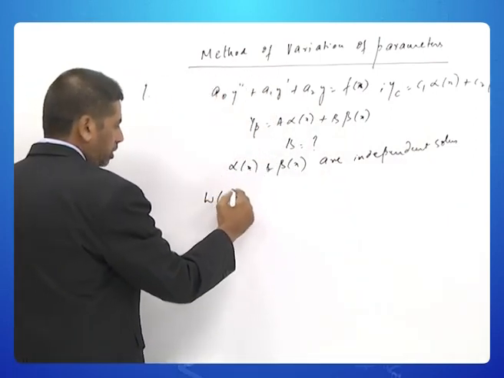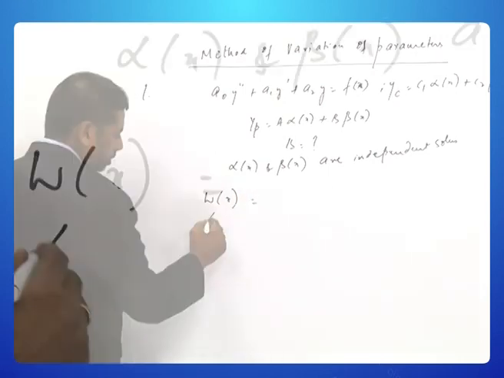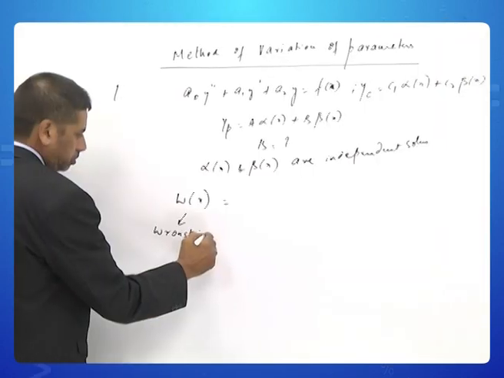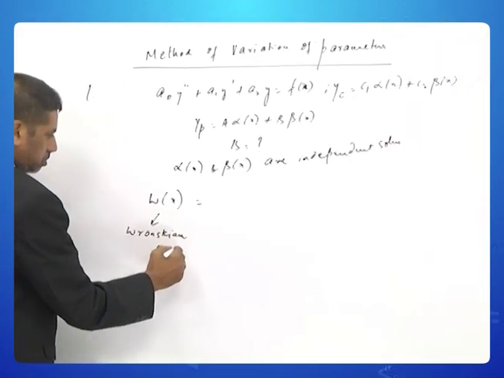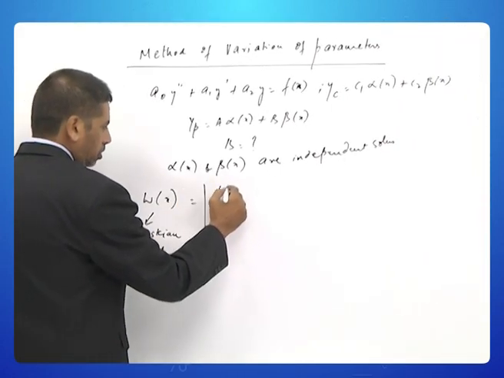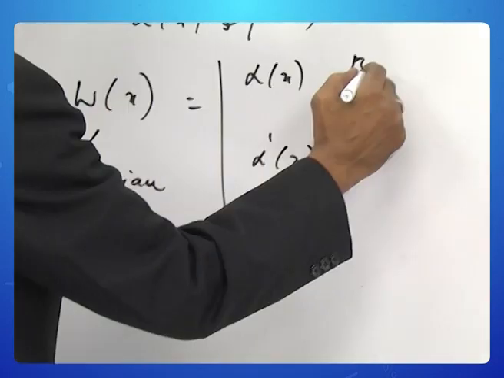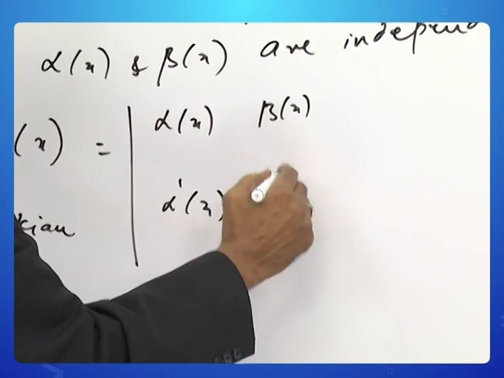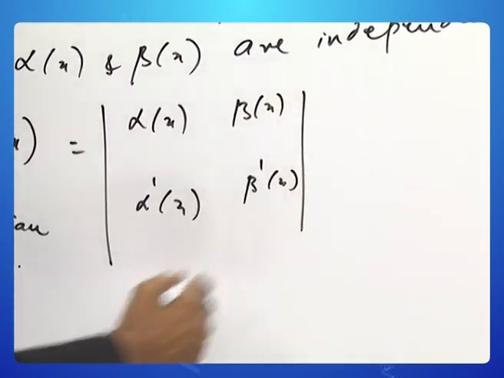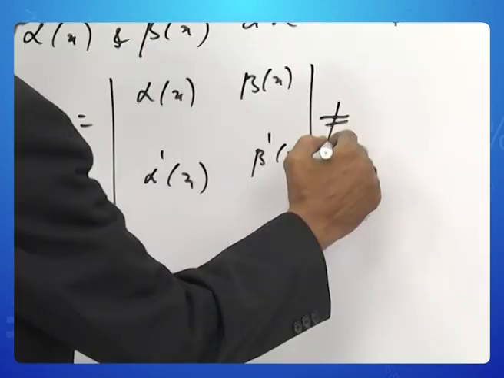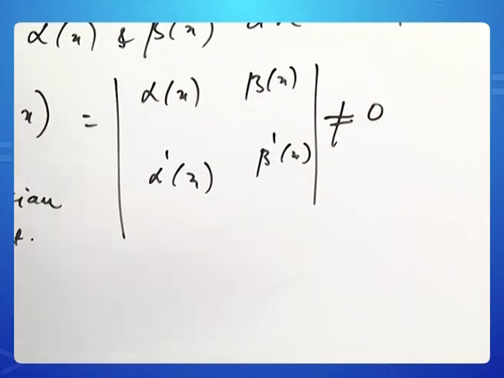We can determine what is known as the Wronskian determinant with alpha x, alpha dash x in the first column, beta x, beta dash x in the second column. When alpha x and beta x are independent solutions, the Wronskian determinant will always be non-zero.